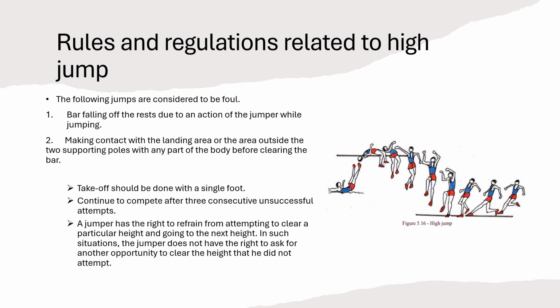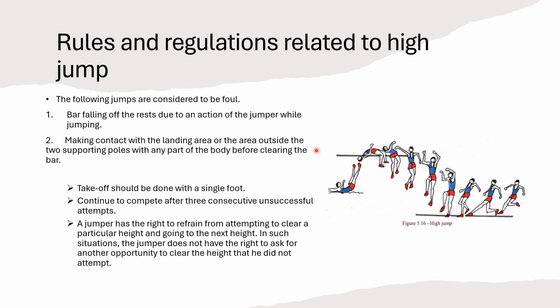Let's look at some of the rules and regulations related to high jump. The following jumps are considered to be foul. One is if the bar falls off while the jumper is jumping. Also, making contact with the landing area or the area outside the two supporting poles with any part of the body before clearing the bar.